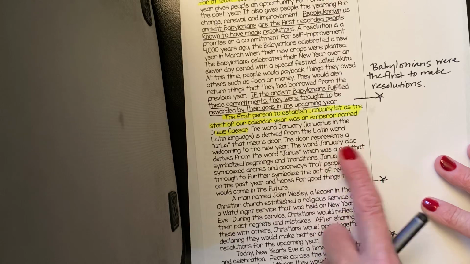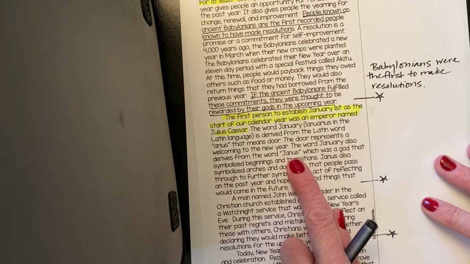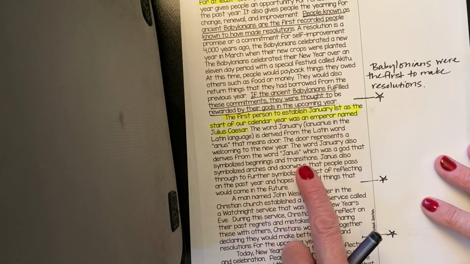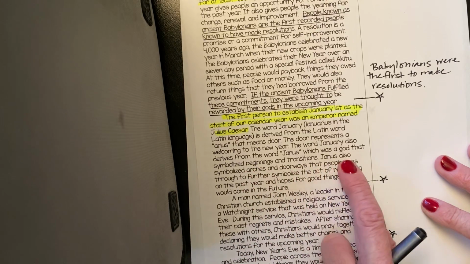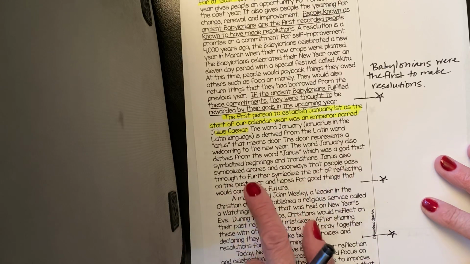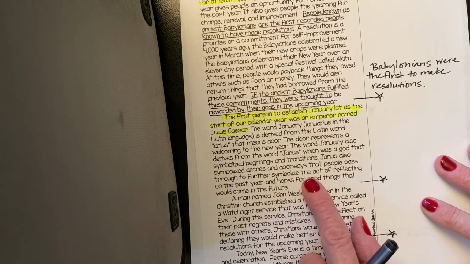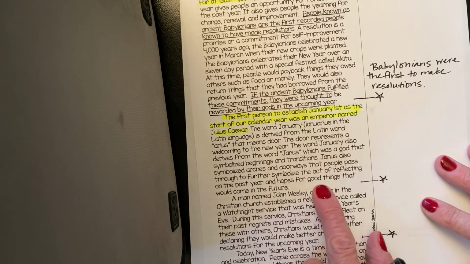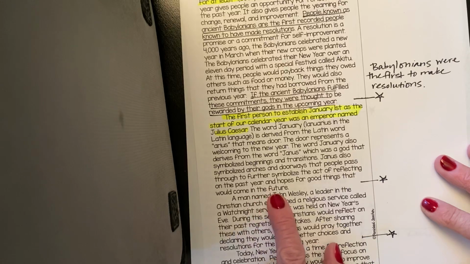The word January also derives from the word Janus, which was a god that symbolized the beginnings and transitions. Janus also symbolized arches and doorways that people passed through to further symbolize the act of reflecting on the past year and hopes for good things that would come in the future.